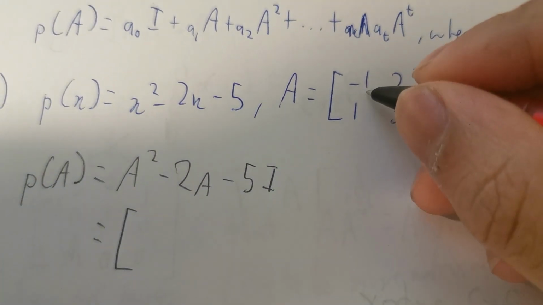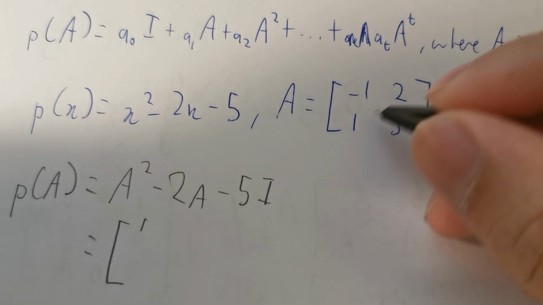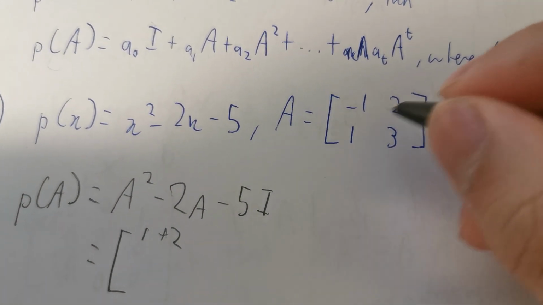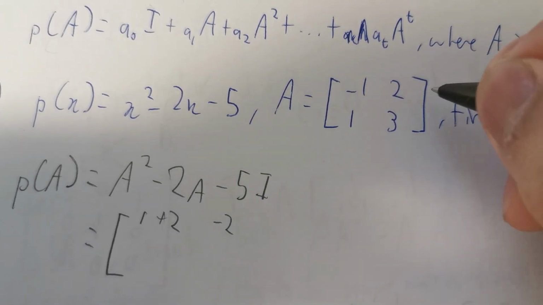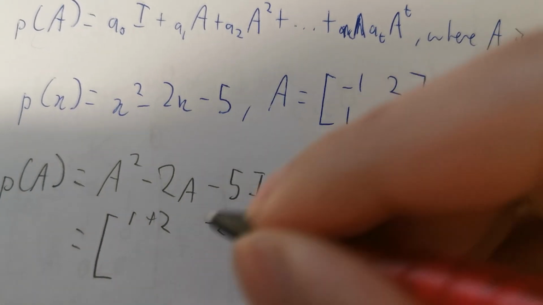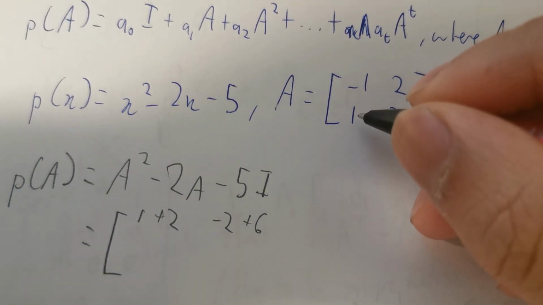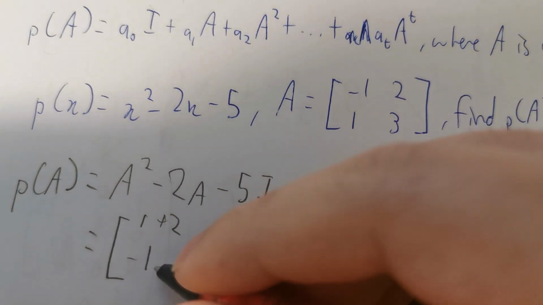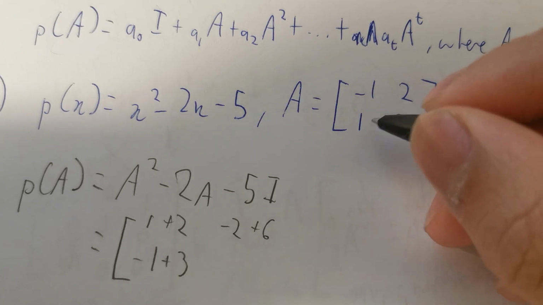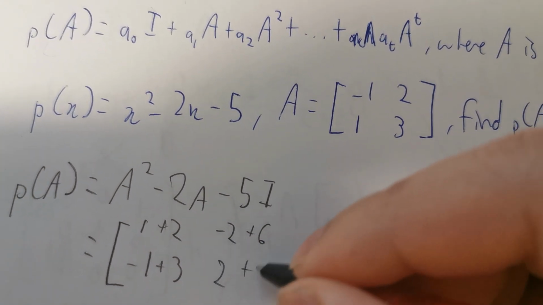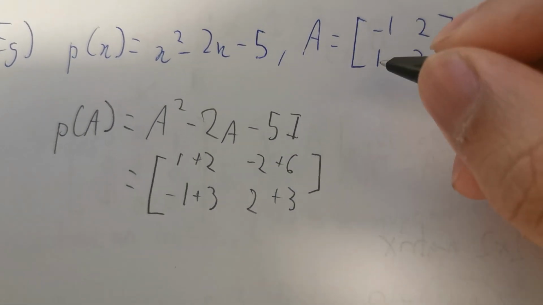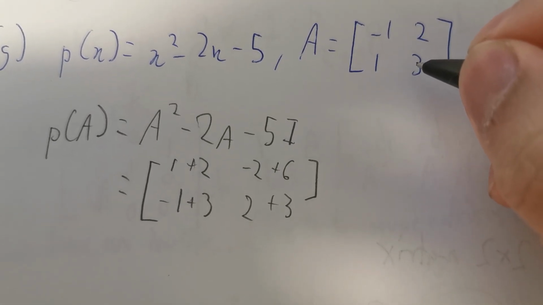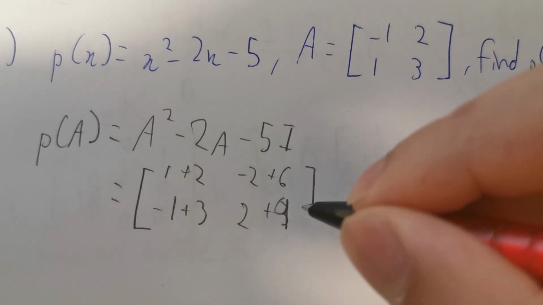So that's minus 1 plus 2, minus 2 plus 6, minus 1 plus 3, and then 2 plus 3, no, 9.